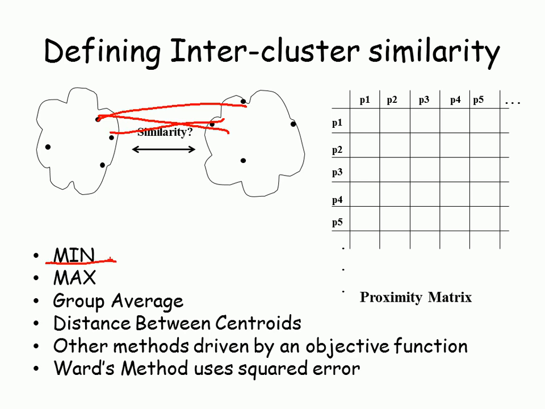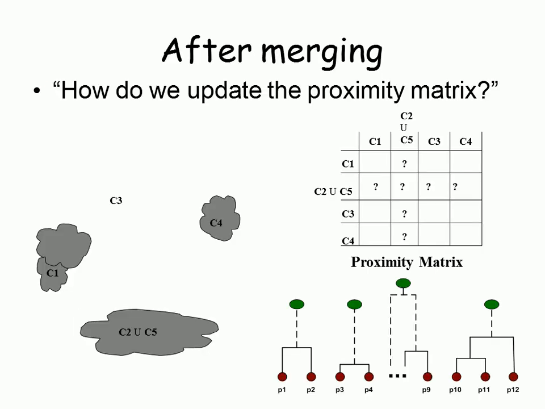What we could do is find the minimum distance. Let's say the two closest points between two clusters, and then use that to give us the new distance between those two clusters. Okay. So what do I mean by the two new clusters? Let's say this is C2 and C5, so that's one cluster, and C1 is another cluster, which right now has a single point, a single sample.